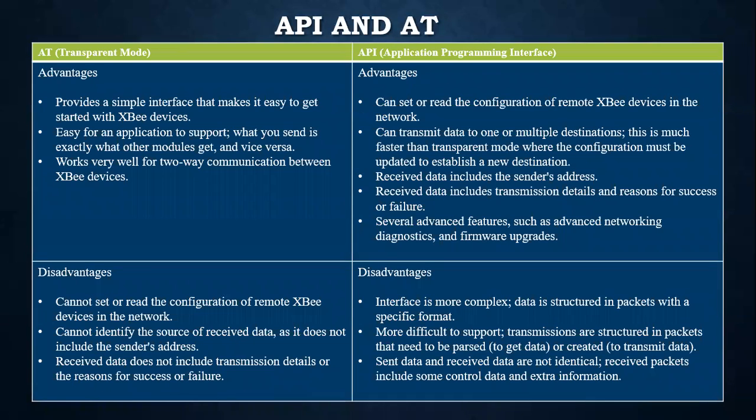Now, the difference between the API and the AT. The AT is the transparent mode, which is used to just copy and paste information that is sent to the coordinator as it is, without manipulating the transmission or how it is received. And the API is the application programming interface.